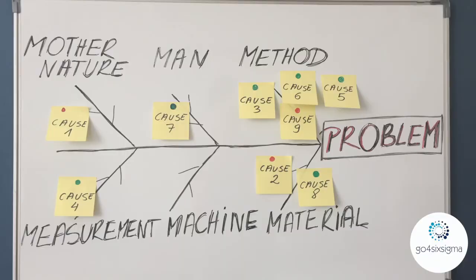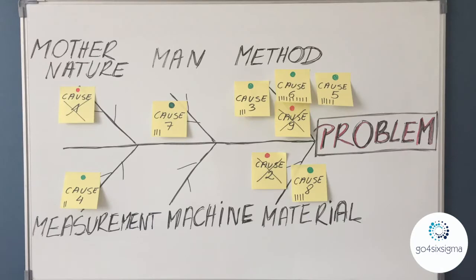Okay, so now after the activity, the situation is that you have a big whiteboard with an Ishikawa diagram, post-it notes next to each area with the dots, red when something is out of our control, green when something is in our control. And as a last step, you ask people to vote.